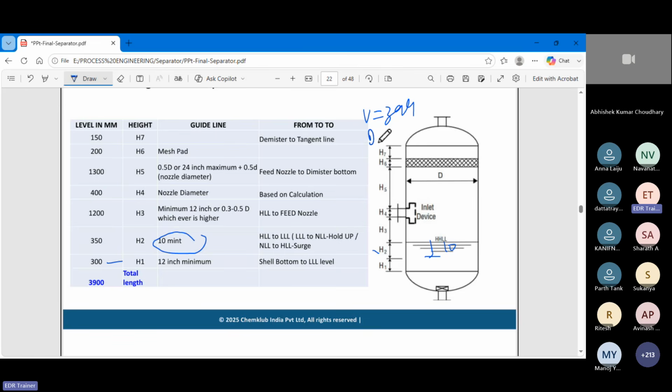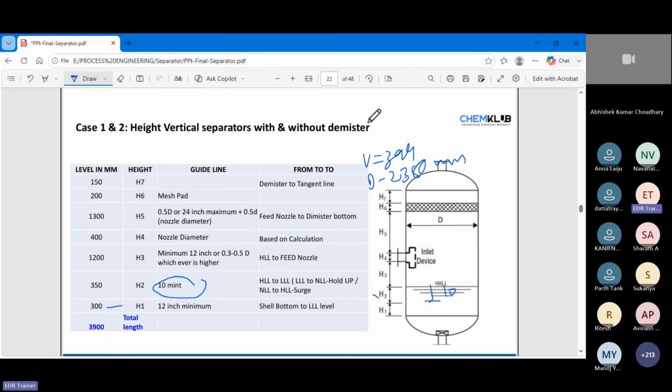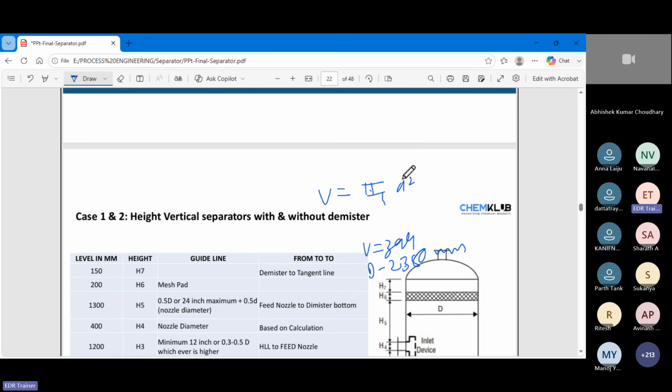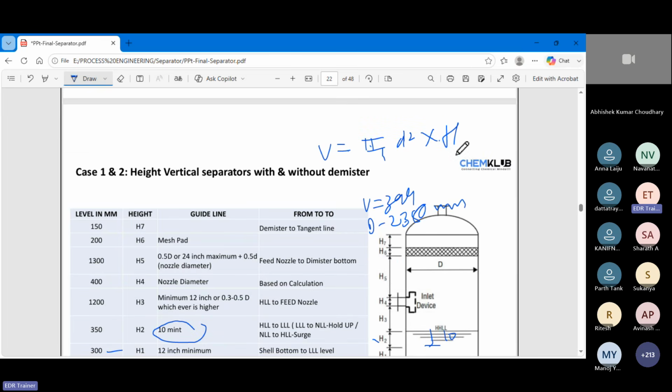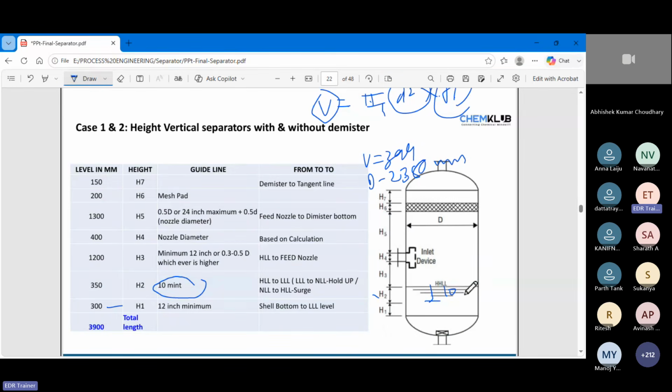We have a diameter 2350 mm, right? Now we have only one unknown. Vessel volume is equal to π/4 D² into H. So you can calculate H easily because we have two variables and one unknown. So you can calculate a height. So this height is nothing but this height.